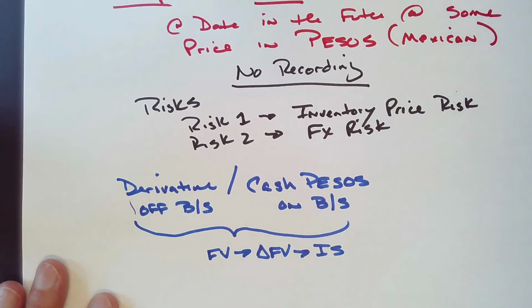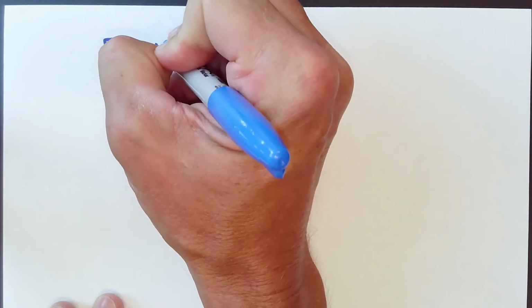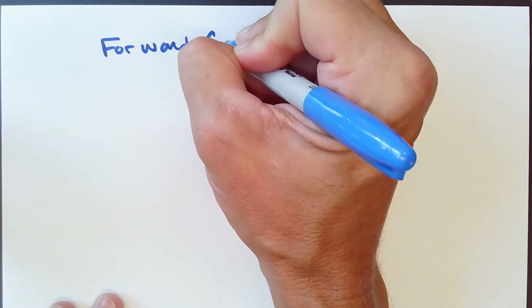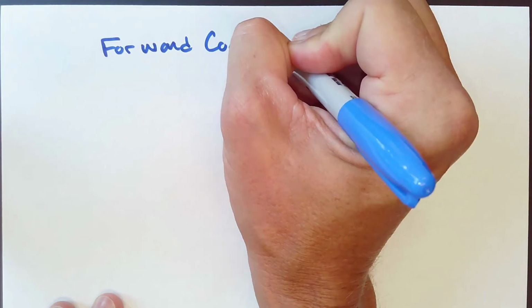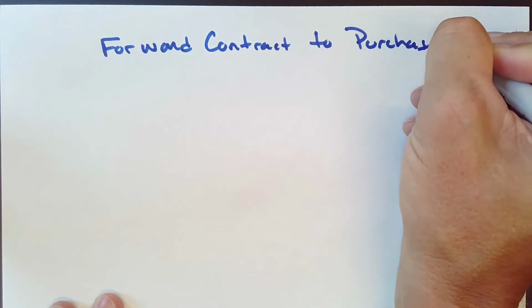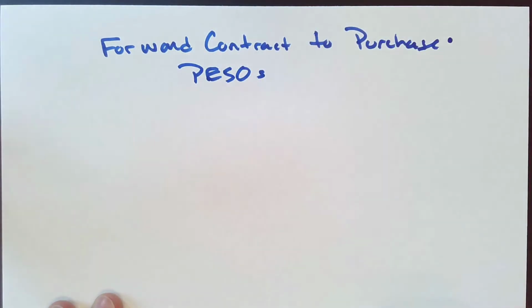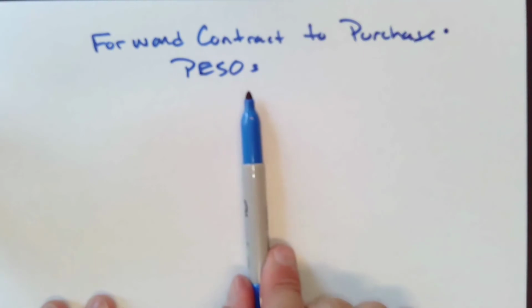Now we'll run out of room here, so let's bring up another sheet. So we can do the same kind of contract. We're going to do a forward purchase, a forward contract to purchase pesos. Okay, that is the derivative.